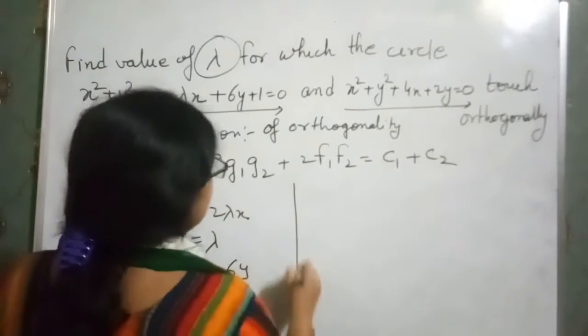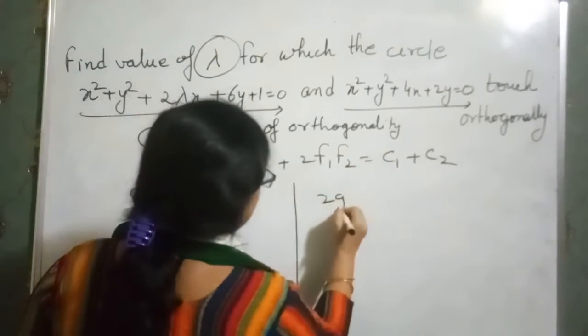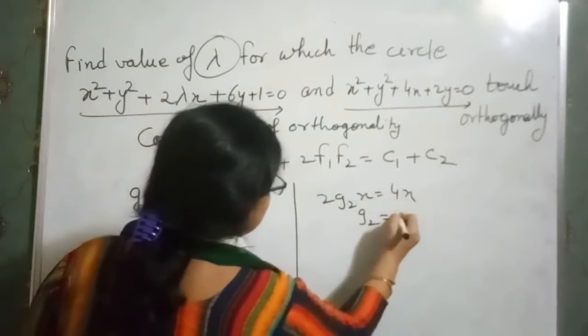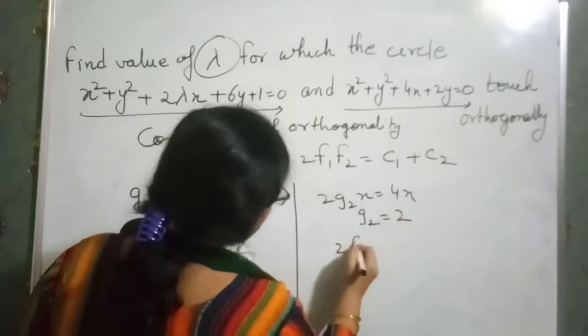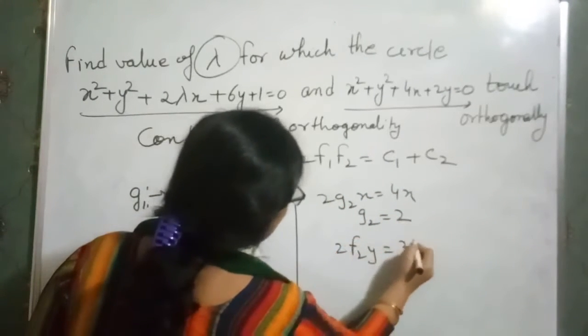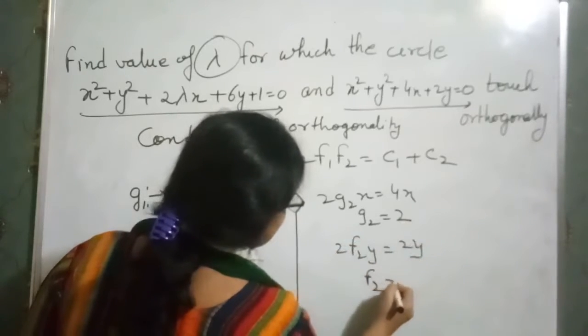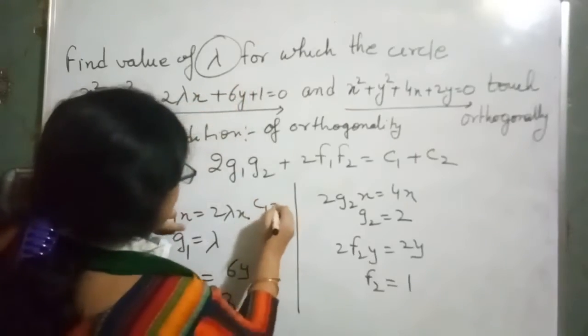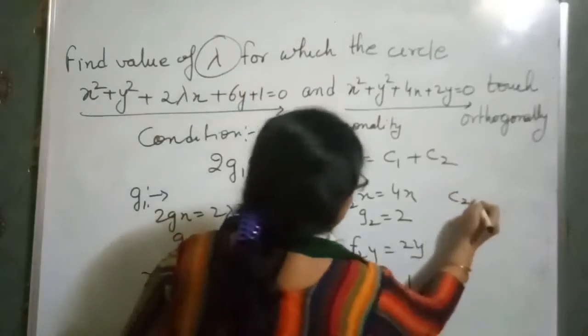Now here 2g2x is equal to 4x, that is g2 is equal to 2. 2f2y is equal to 2y, so f2 is equal to 1. Now c1 is equal to 1 and c2 is equal to 0.